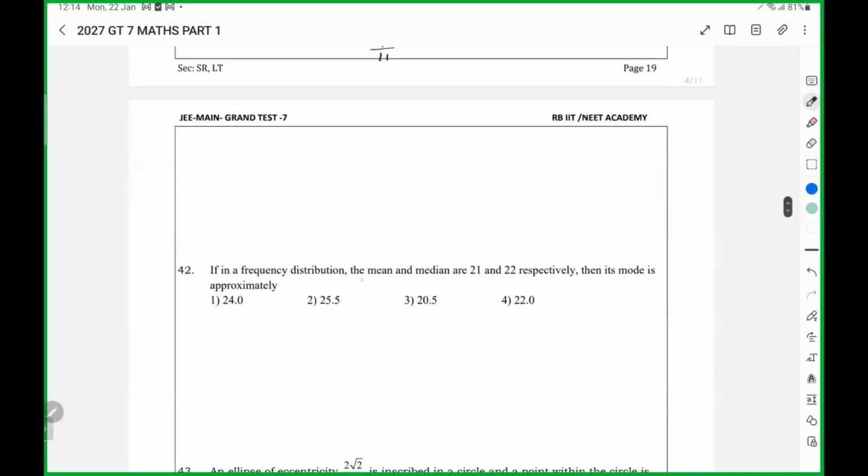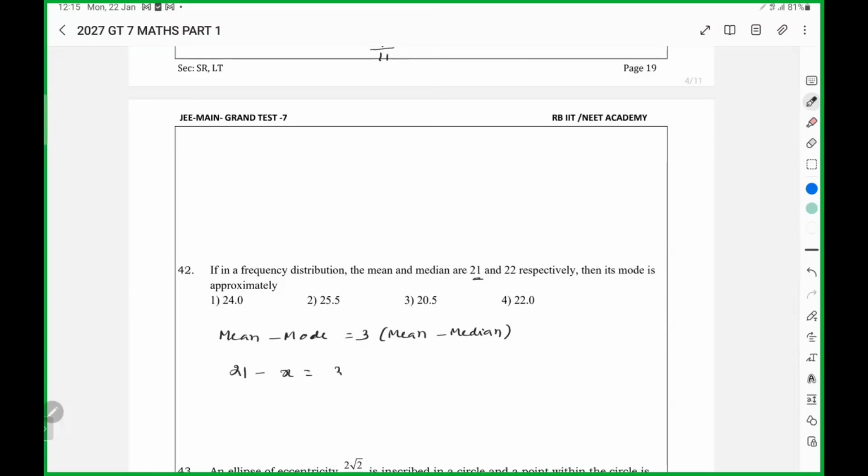In the frequency distribution, mean minus mode equals 3 times mean minus median. The mean here is 21.